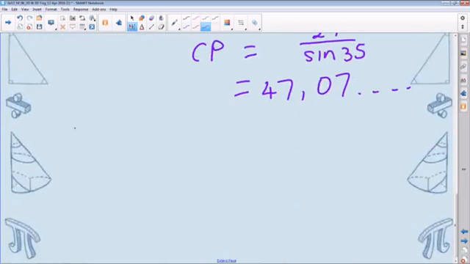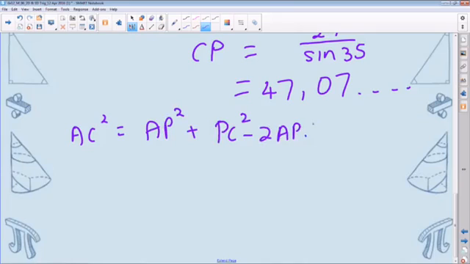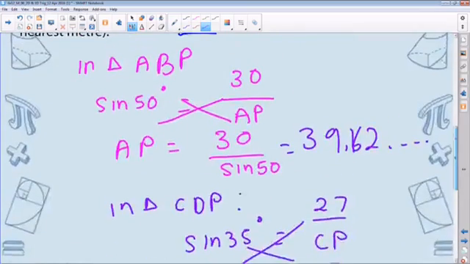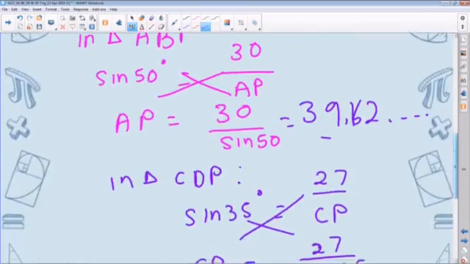So we'll say AC squared is equal to AP squared, which is the side that we worked out, plus PC squared minus 2 times the product of those, and then cos of the included angle, which was cos of angle APC. All right, let's put some numbers in. So AP squared, for now I'm just going to use the rounded off forms, but in my calculator workings, I won't do that.